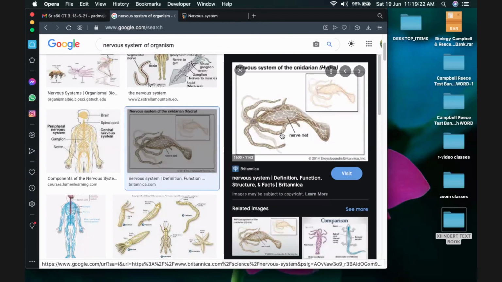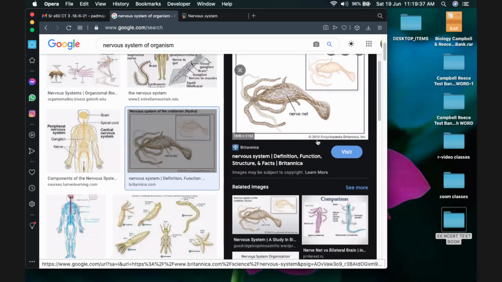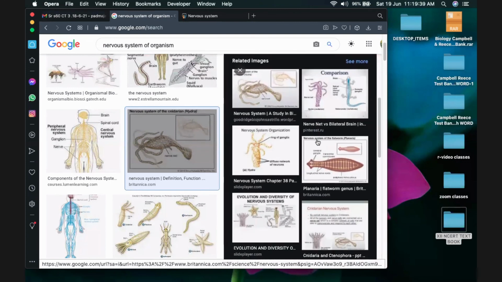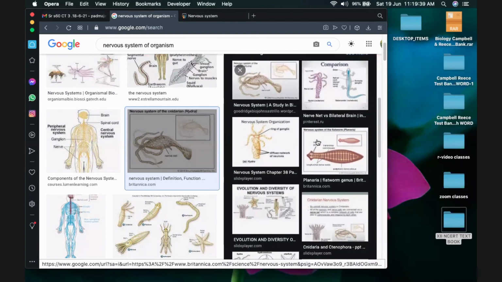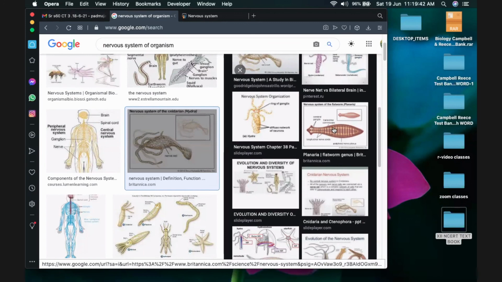Neurons are like a network, a nerve net in Hydra. In cnidarians, neurons started for the first time, like a network. In the same way, in helminthes, the nerve cords are like a ladder.